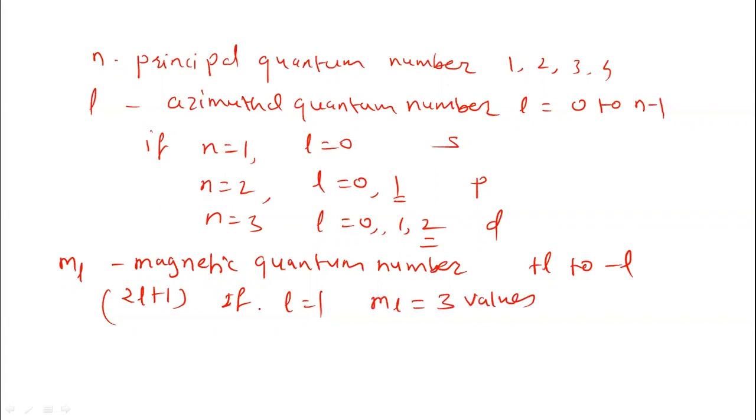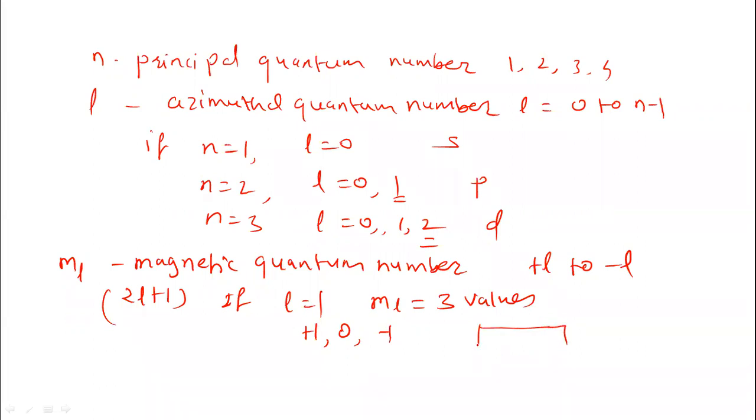So which are those three values? As L equal to 1, it is plus L to minus L. So three values are there, that is plus 1, 0, minus 1. Now when L equal to 1, the electron is present in the p orbital. There are 3 p orbitals.